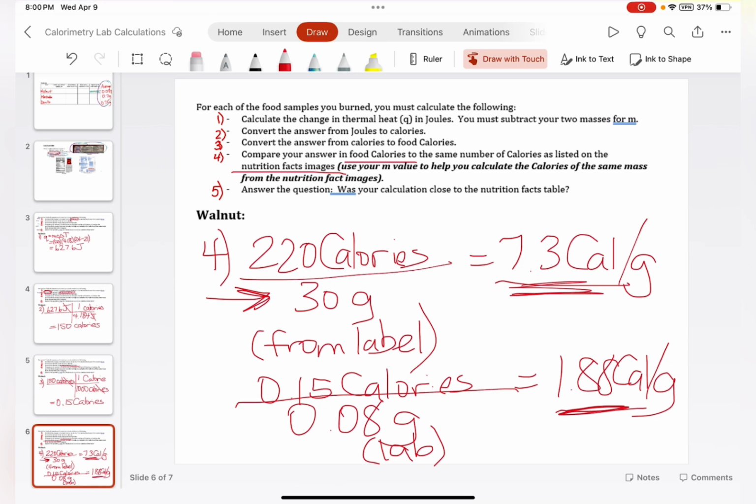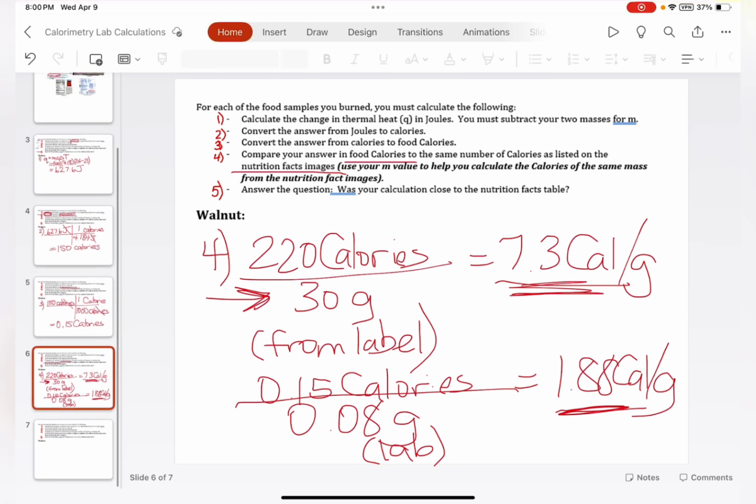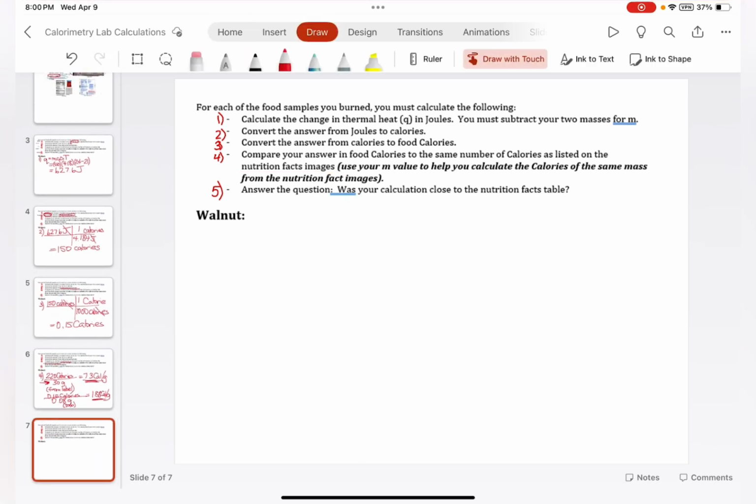This lab is not perfect, so we're going to calculate our percent error, which is the last question, number 5. It's asking you, was your calculation close to the nutrition facts label? You can just put a flat-out no here, but I don't want you to stop there. I want you to give me the percent error. We did this in grade 11 chemistry. I really want you to know this equation by heart at this point.